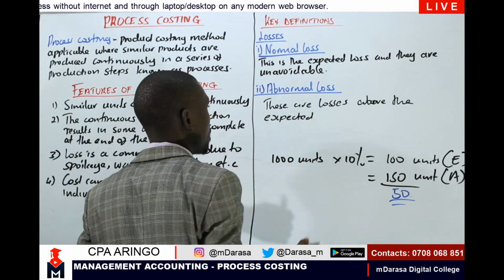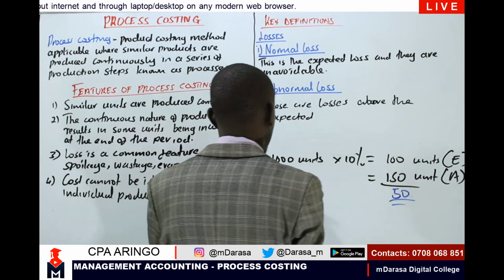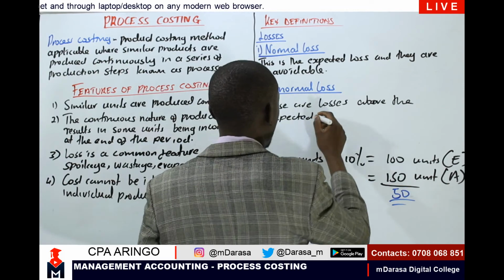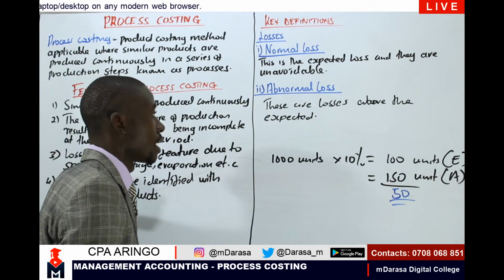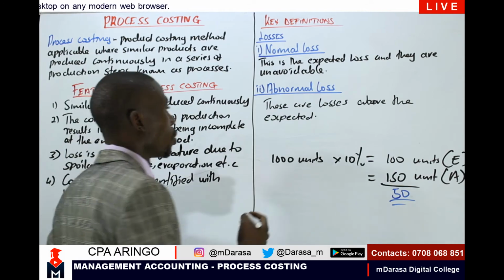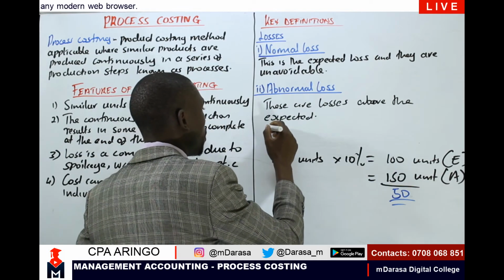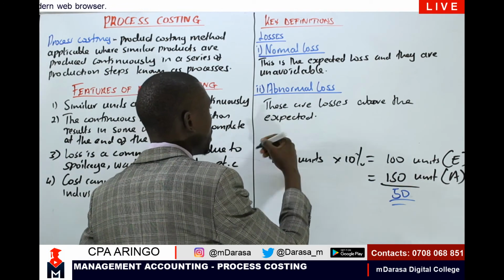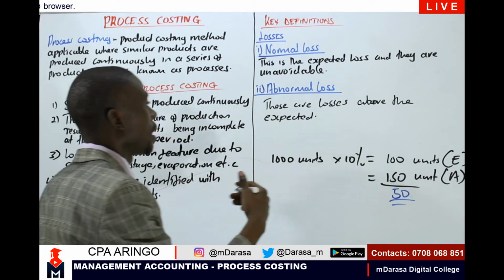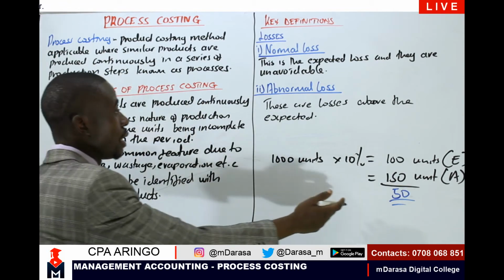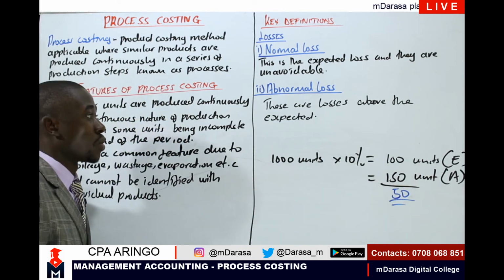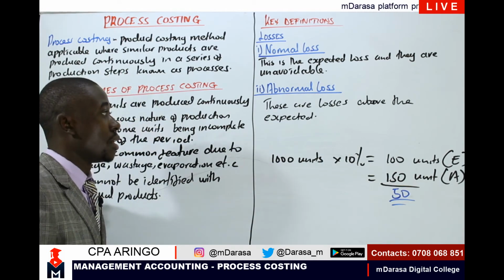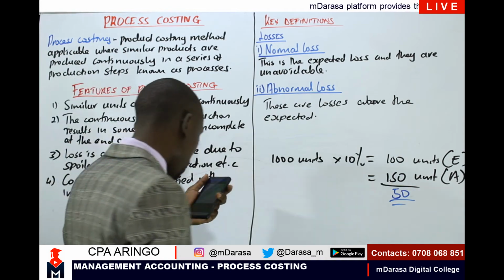These are losses that we incur over and above what we had anticipated. That's why you're saying these are losses above the expected.